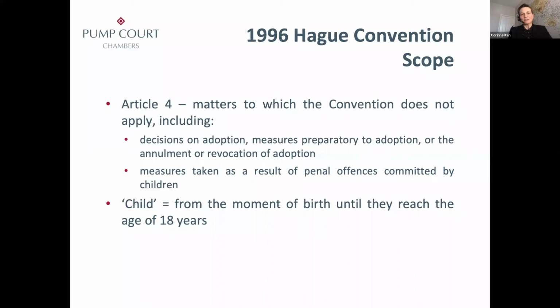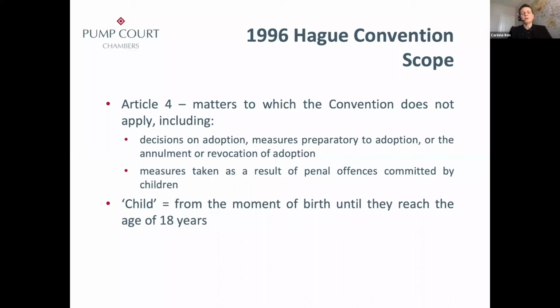Anyway, to get back to what is not included: decisions on adoption, measures preparatory to adoption, or the annulment or revocation of adoption. And also, this is again the same for Brussels II revised, measures taken as a result of penal offences committed by children.